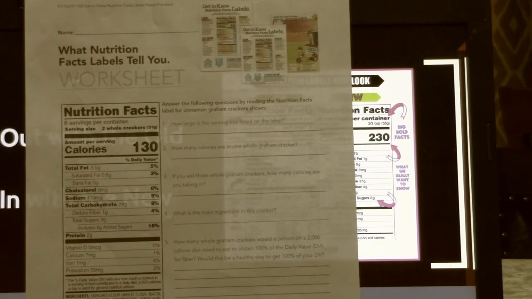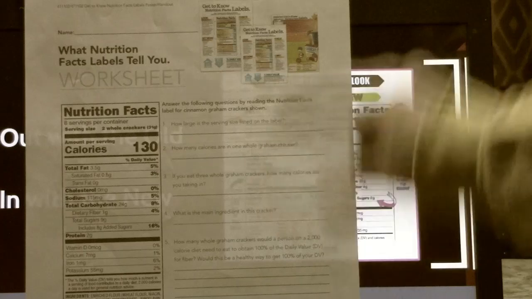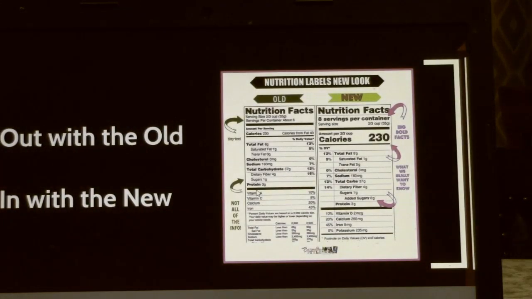What it's asking you to do is take the information from this label and answer these questions about it. I think it's pretty straightforward. Try your hand at going through that label, seeing what the serving size is and how many calories are in a portion, etc. See if you can go through and answer the questions, and then we can double check our answers when we meet up in class.